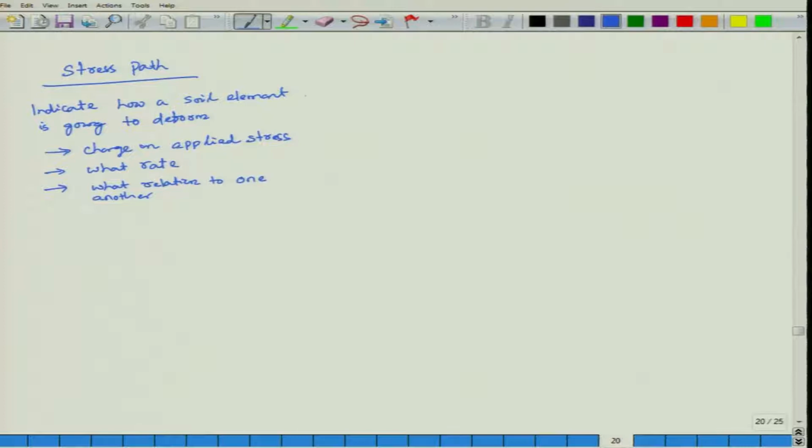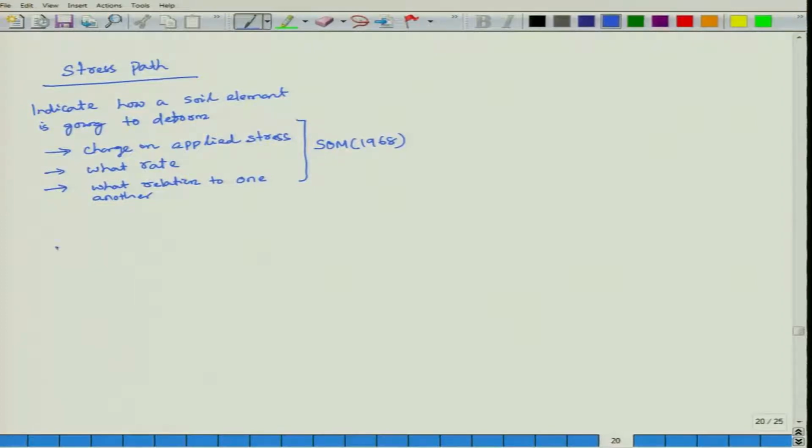It has been given by Som, 1968. So, generally it is widely used, based on your oedometer test.